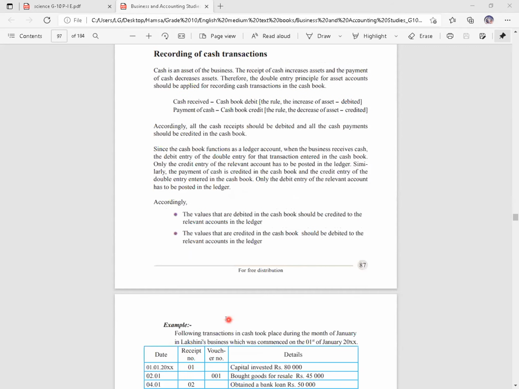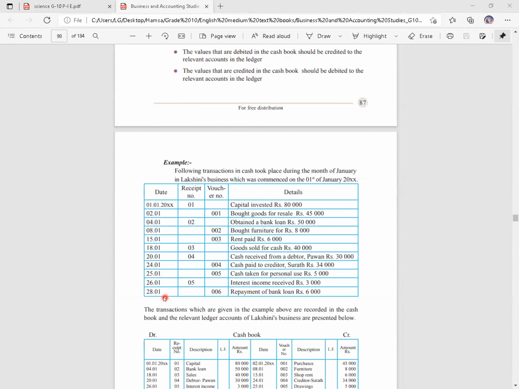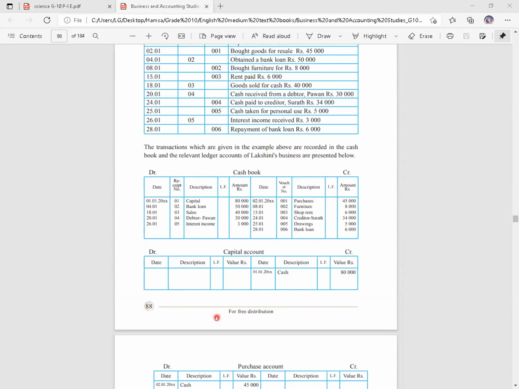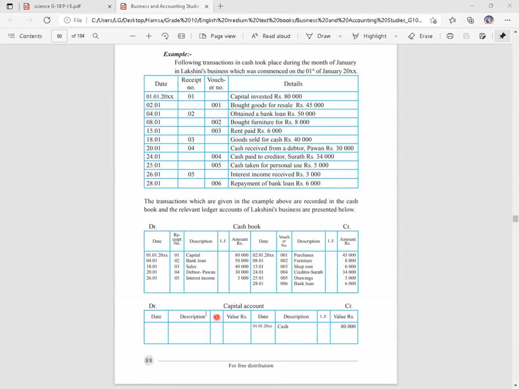So this is the way of recording cash transactions in the cash book. Accordingly, the values that are debited in the cash book should be credited into the relevant accounts in the ledger. Whatever the values credited in the cash book should be debited to the relevant accounts in the ledger. Understood? Already you have done this one, isn't it?